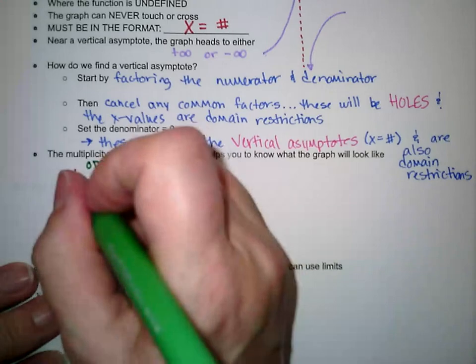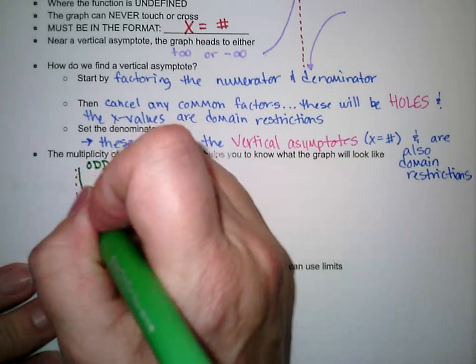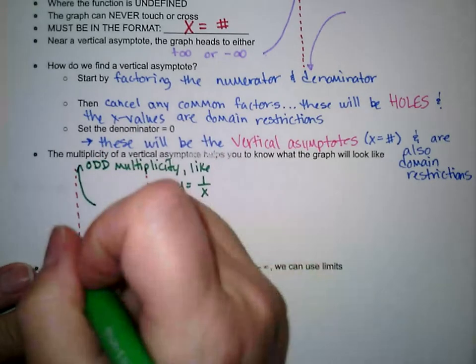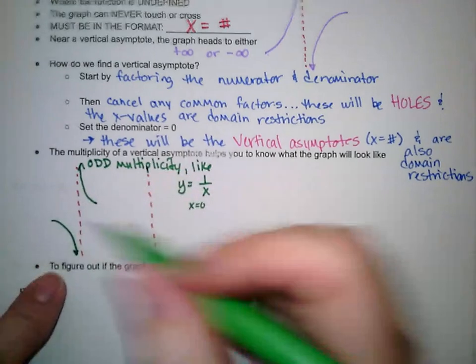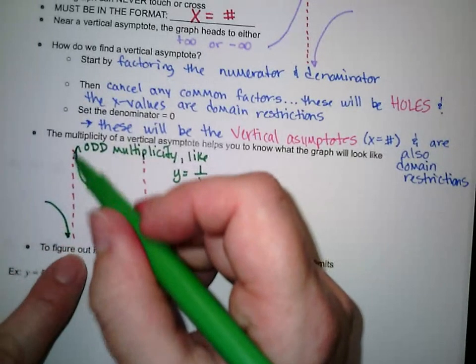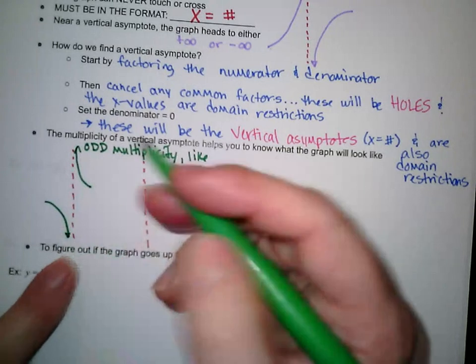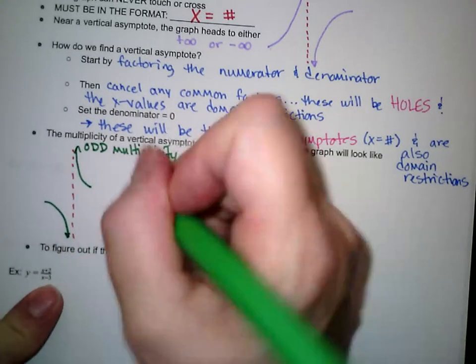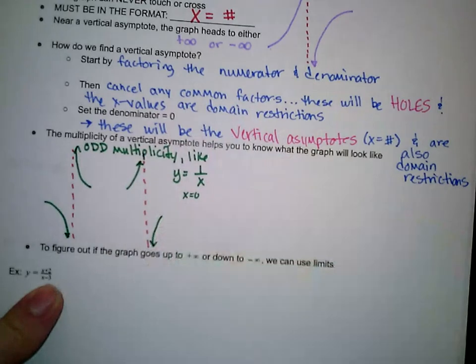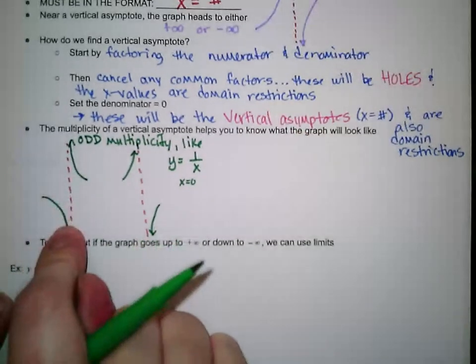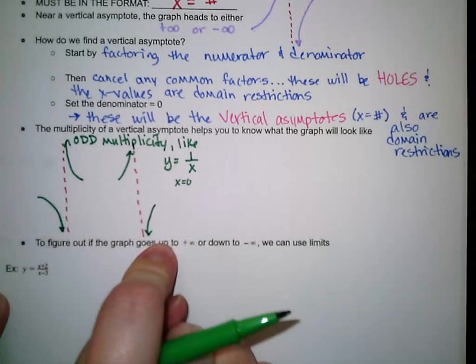Remember that looked like the swoopy graph, going along that way up here and going along that way down here. So if we have odd multiplicity, then our function is going to be headed towards positive infinity on one side and negative infinity on the other side of the asymptote. So it could be down on the left, up on the right, or up on the left, down on the right.